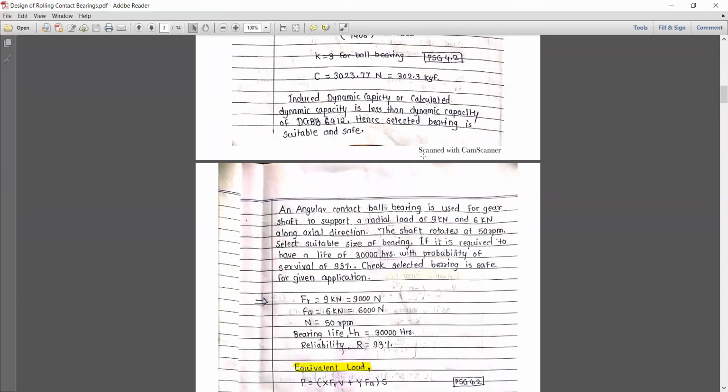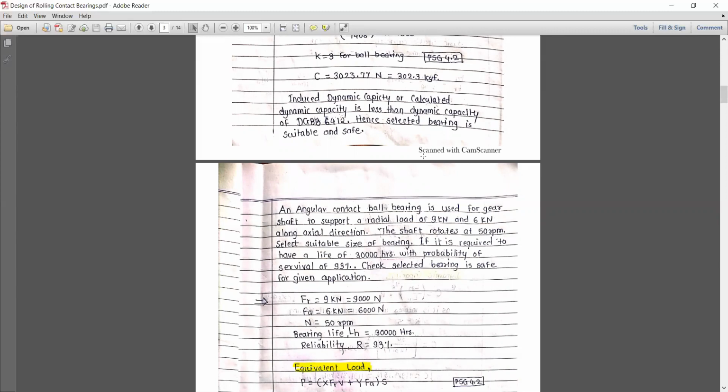After calculating the value, the value of C which is found is 3023 Newton, which in kgf is 302.3 kgf. But with respect to our bearing it is 8450.